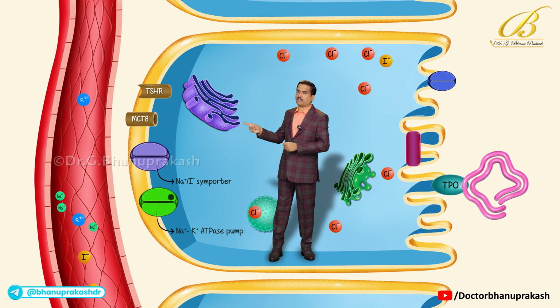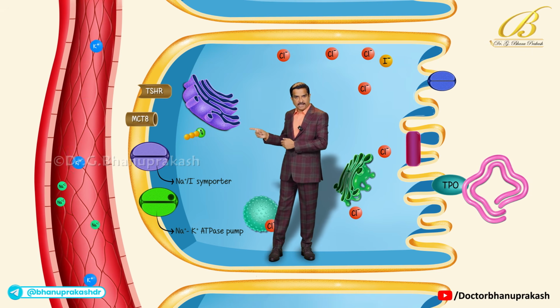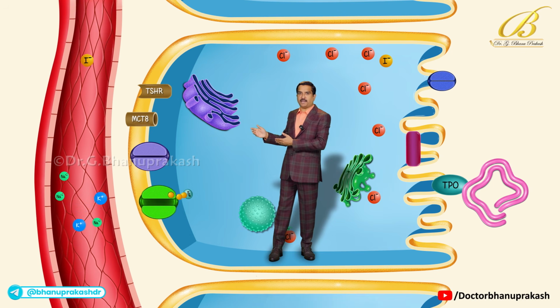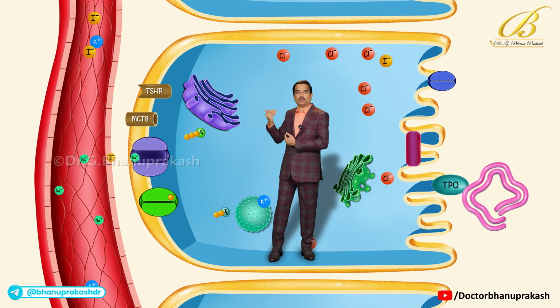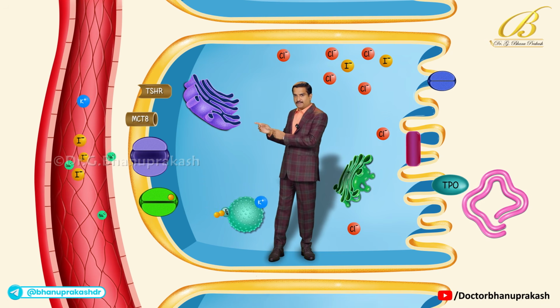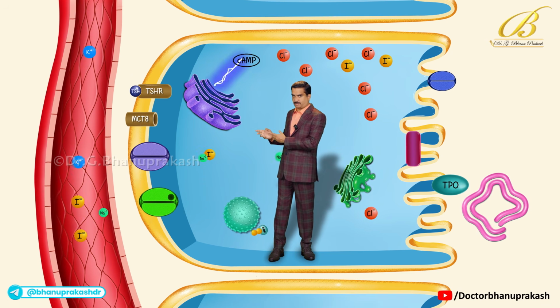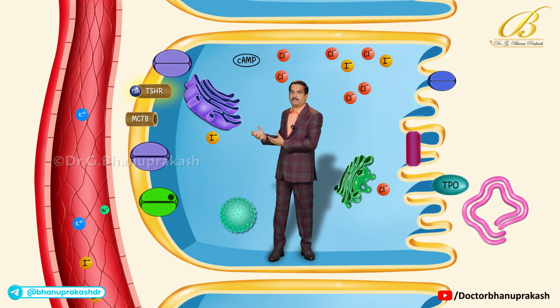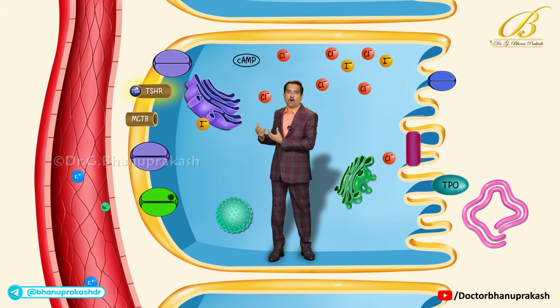This is an active transport mechanism, meaning it uses ATP to bring iodide into the cell against its concentration gradient. And the entry in this process is regulated by the thyroid stimulating hormone.